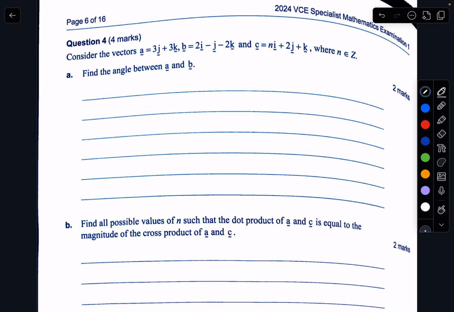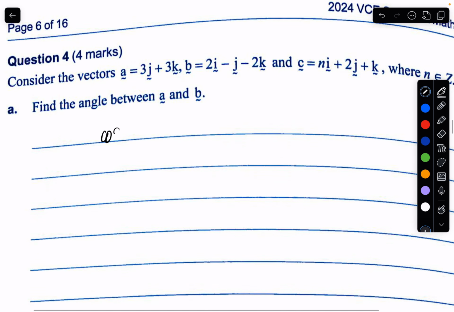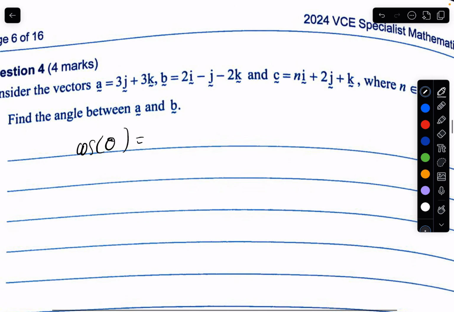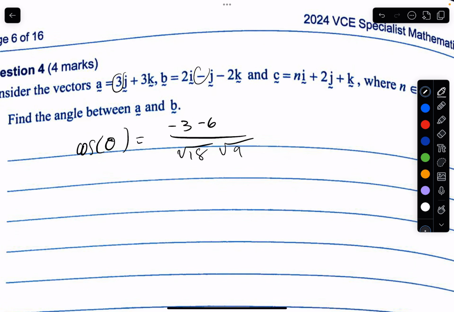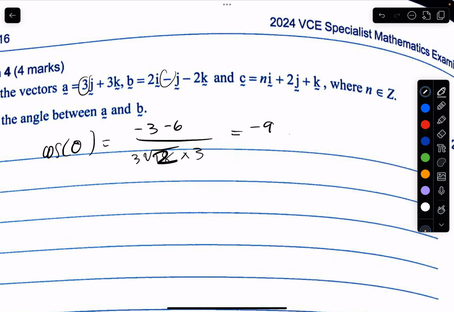Consider the vectors these. Find the angle between A and B. Okay, so cos theta is equal to the dot product, which is 0, -3, -6 over the magnitude of A, which is square root of 9 plus 9, or 18, times square root 4 plus 1 is 5, plus 4 is 9, so 3 root 18, and that's 3 times 3 root 2, and that's -9 on 9 root 2, or -1 on root 2.